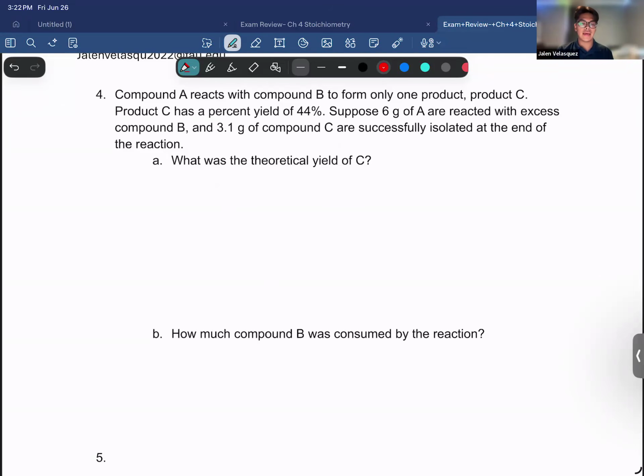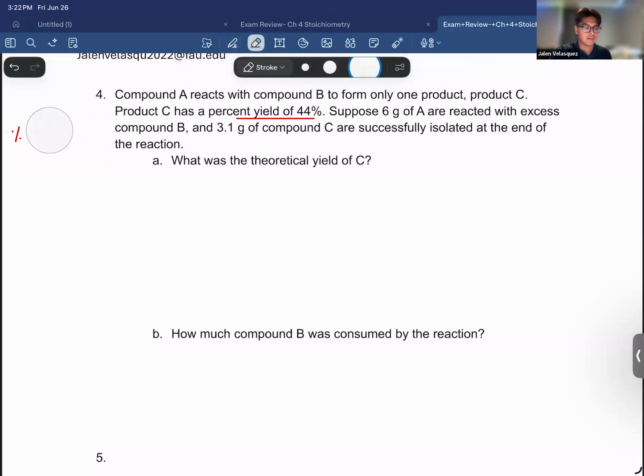Okay, so the big hint here is you have percent yield, right? So you know the equation for percent yield. Let me write this aside.